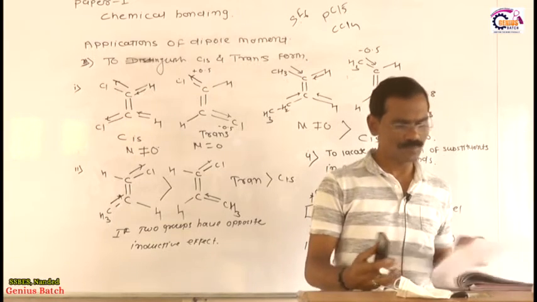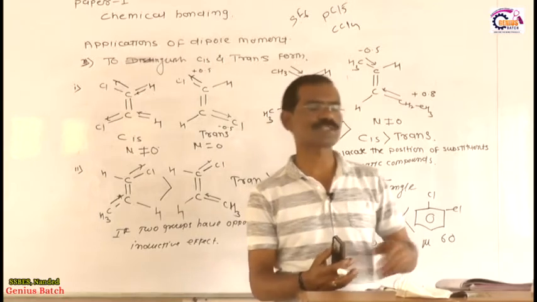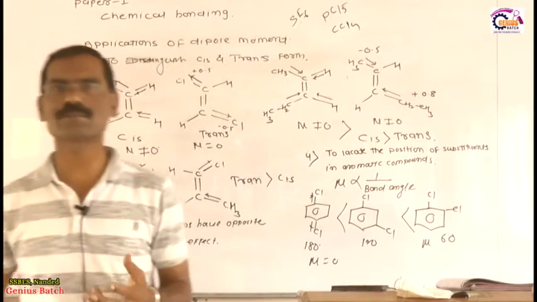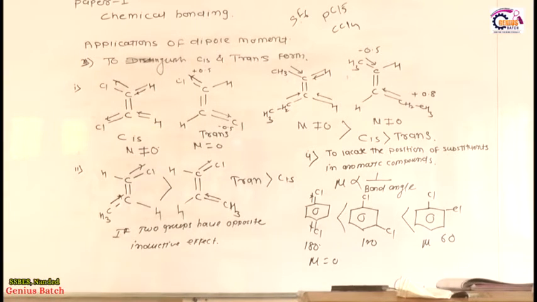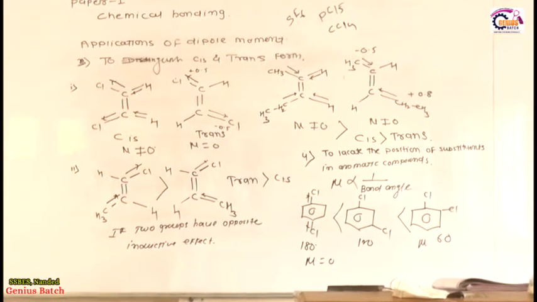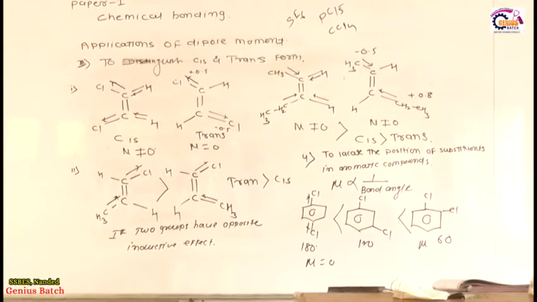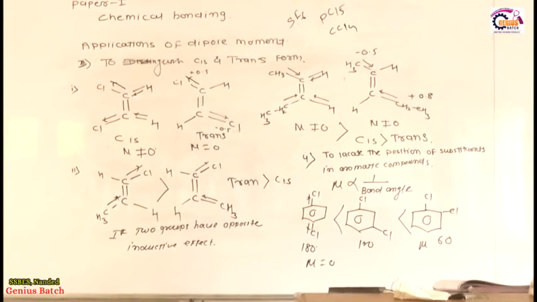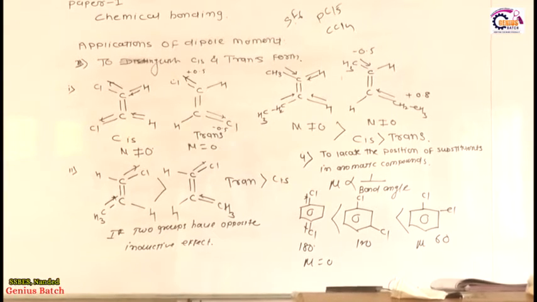But before discussing that, I am going toward the next theory of this topic, because in previous videos we completed molecular orbital theory. After that, the next point was hybridization, including the types of hybridization.